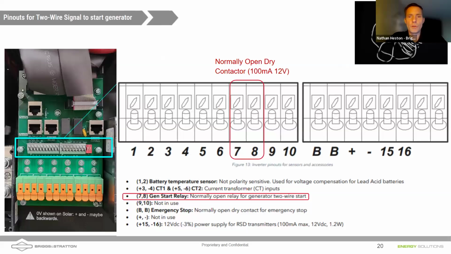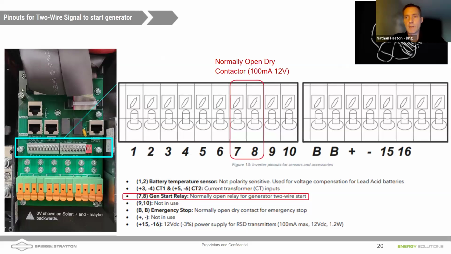In order to connect the generator, we would be using the two-wire start functionality of the inverter. And so what that does is it allows you to set a start percentage on the batteries. So you might want to keep a battery reserve and then start up that generator when the batteries hit that level. So let's suppose we want our batteries to keep a reserve of 30%.